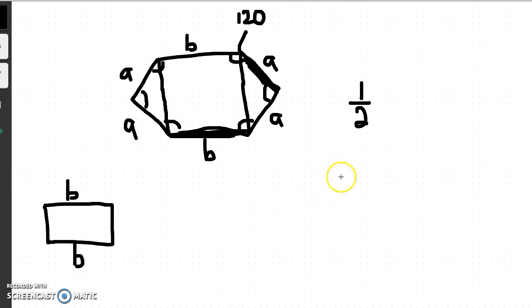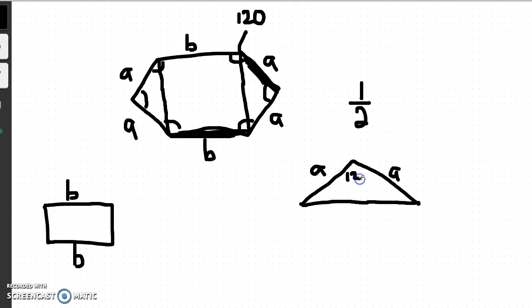Then we've got 2 triangles, and the triangles look like this. This dimension here is the same as this dimension here. And this is A, this is A, this is 120 degrees right here.